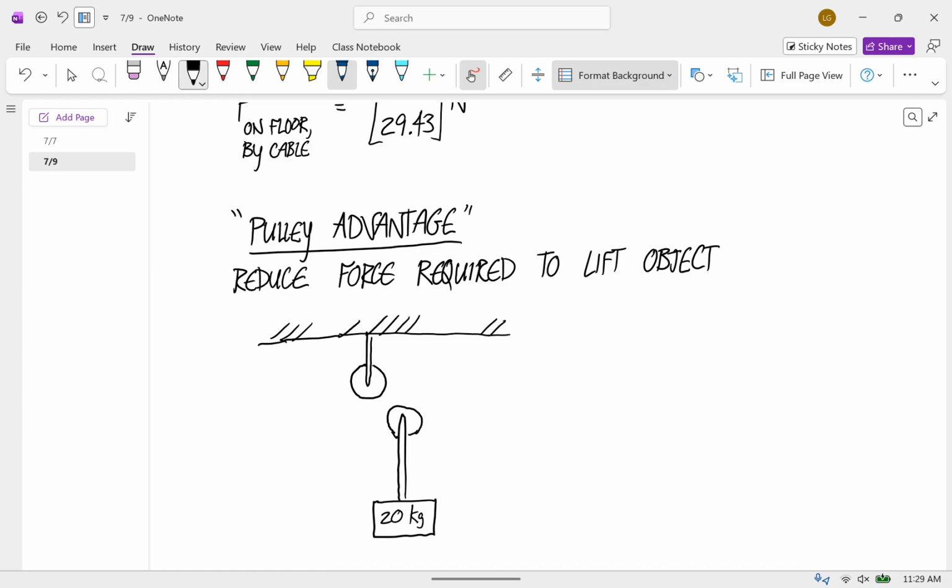And then the cable goes over the two pulleys. The mass that you're lifting, the cable goes under that pulley and then attaches to the ceiling.